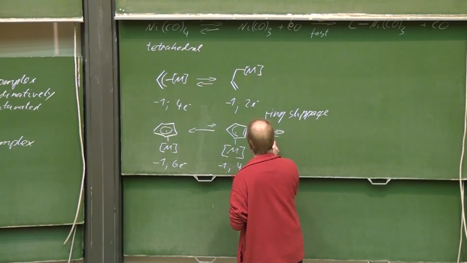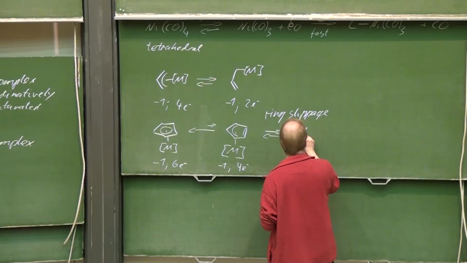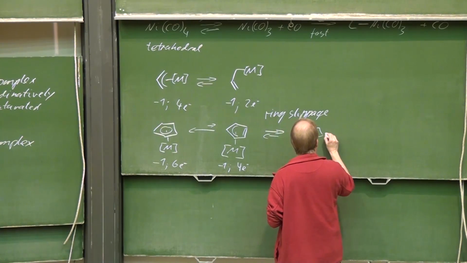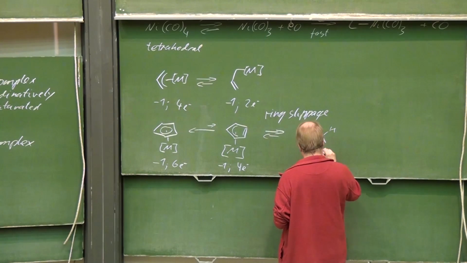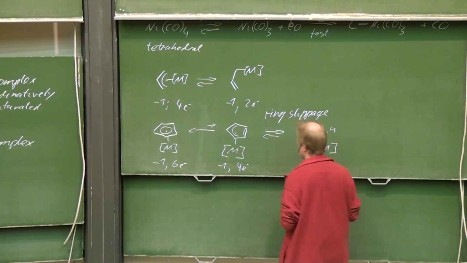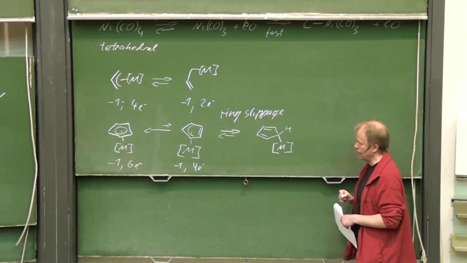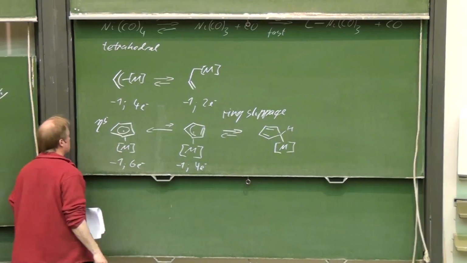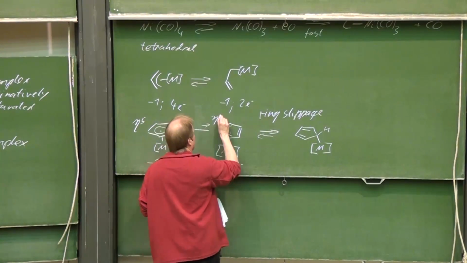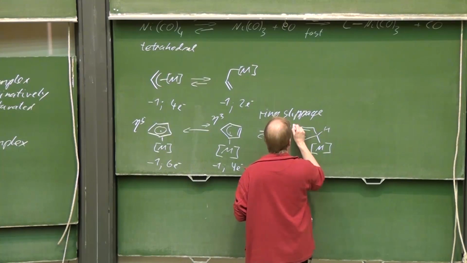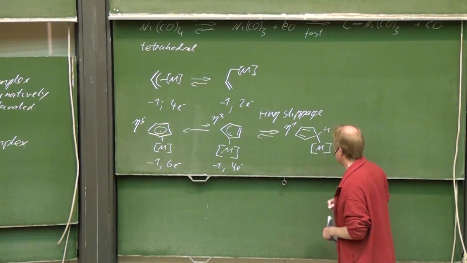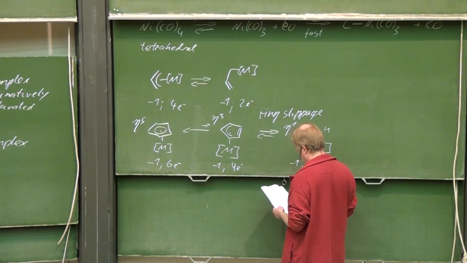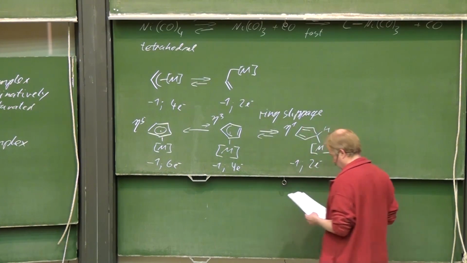Well, but nevertheless, it can go on in equilibrium to the eta-1 complex. So here, eta-5, eta-3, eta-1. And here we have, again, -1 and 2 electrons.